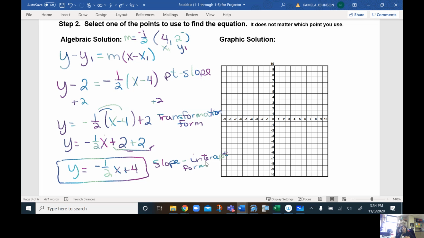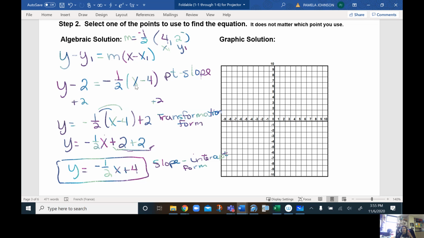And then we could have used the other point. We could have used the -4/6 point. We would have had the 6 here. This would have ended up being a +4 on the right side.